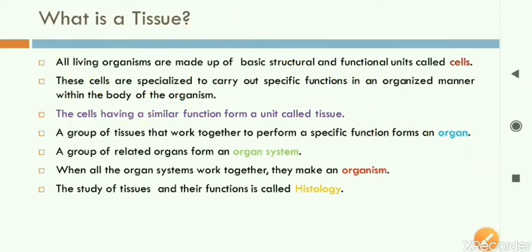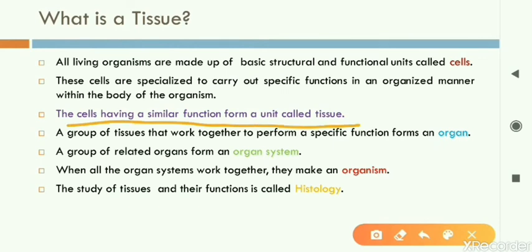So if a group of cells is performing a specific function, that group of cells is called a tissue. That is the definition of tissue. The cells having a similar function forming a unit is called a tissue.